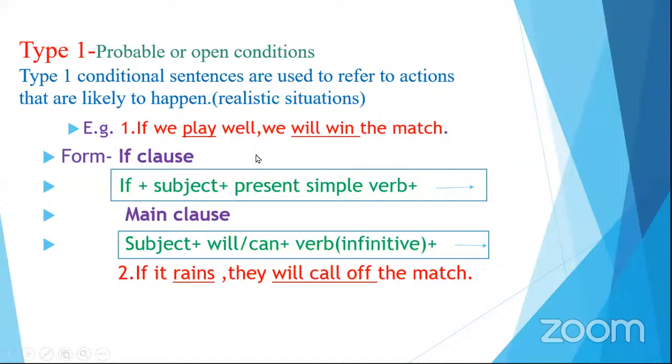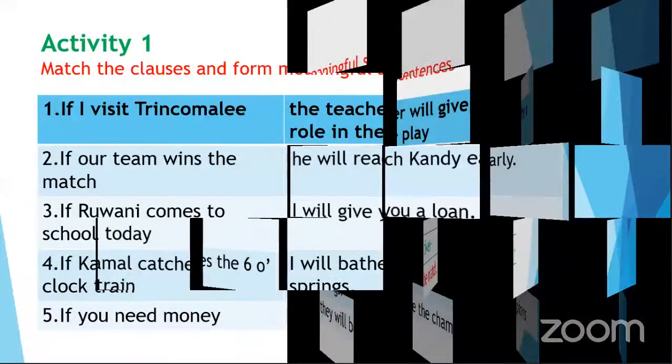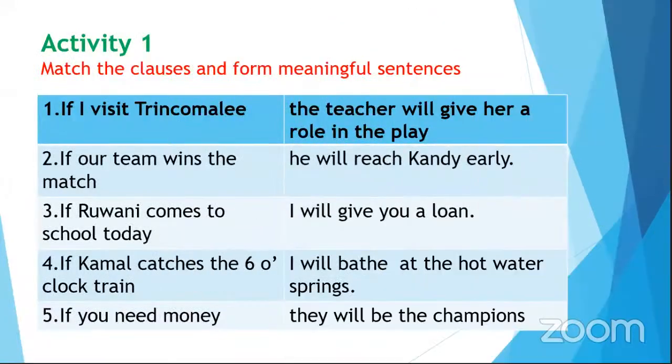Then we will be moving on to a small activity, my dear students, a small one. I have designed a small one since most of you are learning this maybe for the first time. Therefore, I have decided to give you a very basic activity. Let's see. Look at the next one. Now I have a table in which you have two parts, A and B. You have to match the clauses and form meaningful sentences.